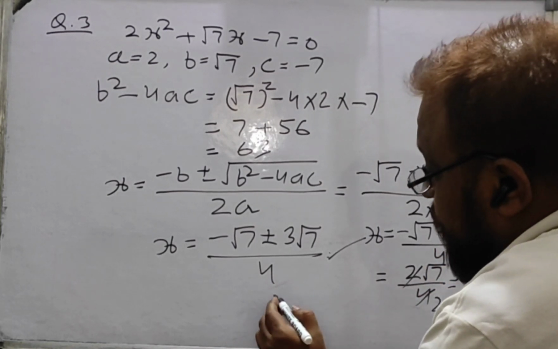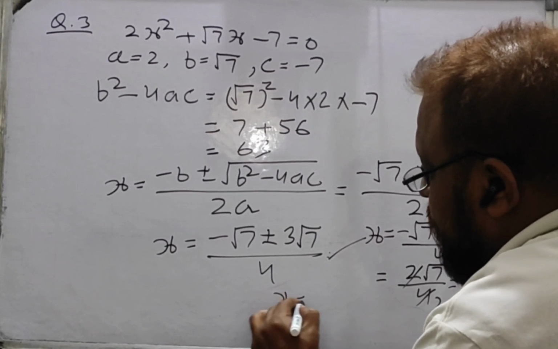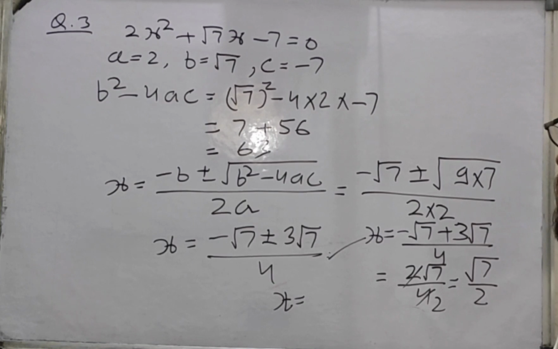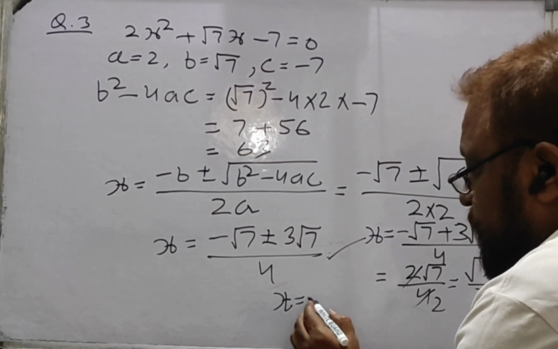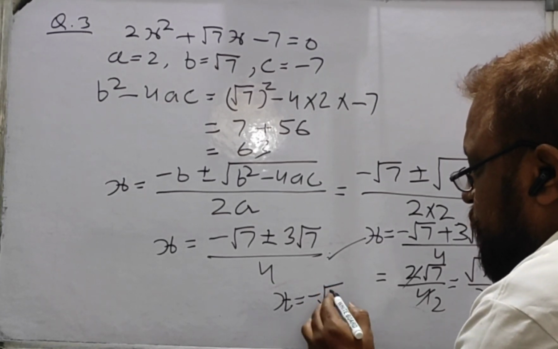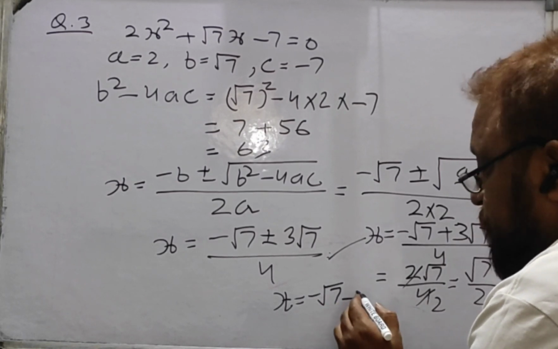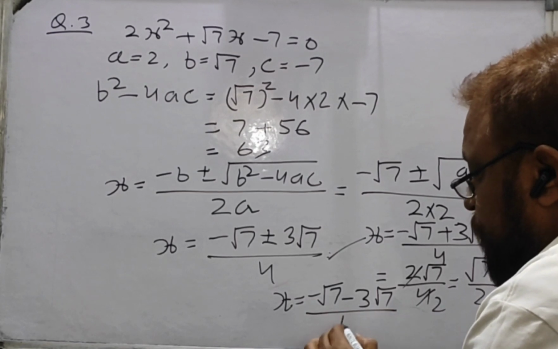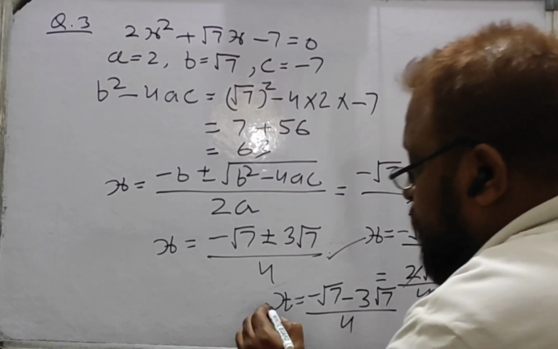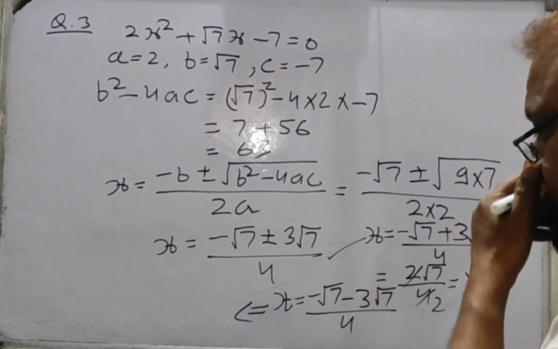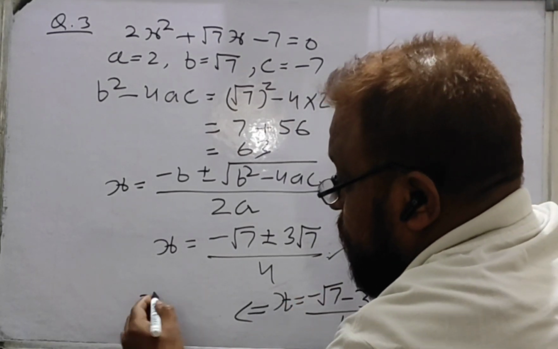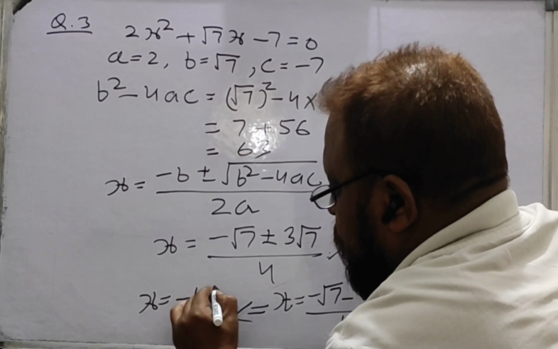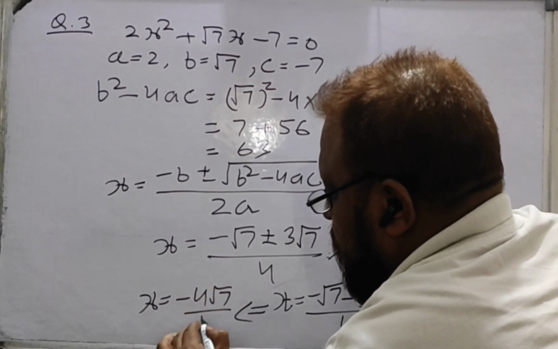And if x is equal to minus root 7 minus 3 root 7 upon 4, then we get x is equal to minus 4 root 7 upon 4.